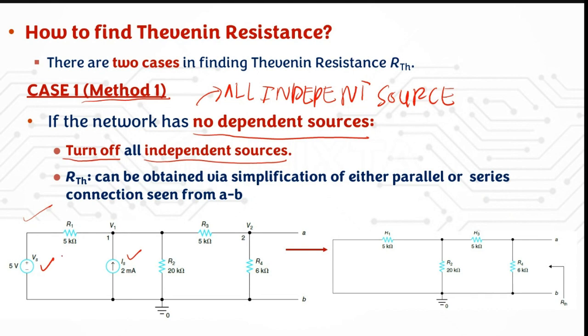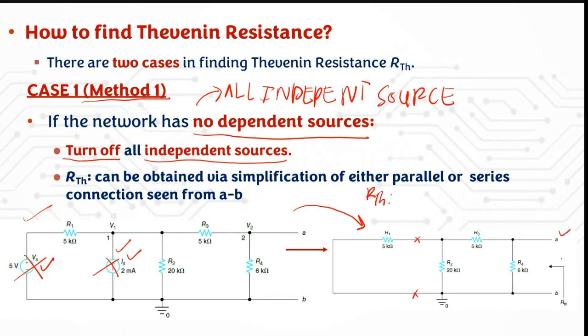You can turn these off. Turning off the voltage source gives a short circuit, and turning off the current source gives an open circuit. When you turn off these two, you can redraw your circuit, and now you can calculate your RTH.